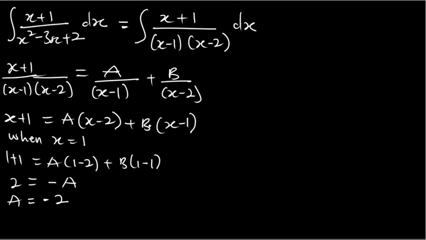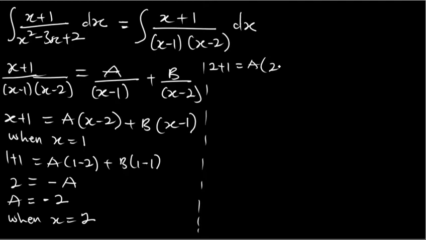Now we want to find the value of b. When x is equal to 2, it will render a to be 0. So when x is equal to 2, we put 2 in place of x. That will be 2 plus 1 equal to a times 2 minus 2, plus b times 2 minus 1. And here we get 3 equal to b.